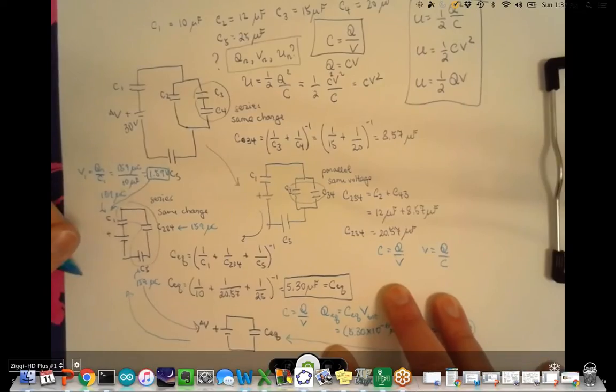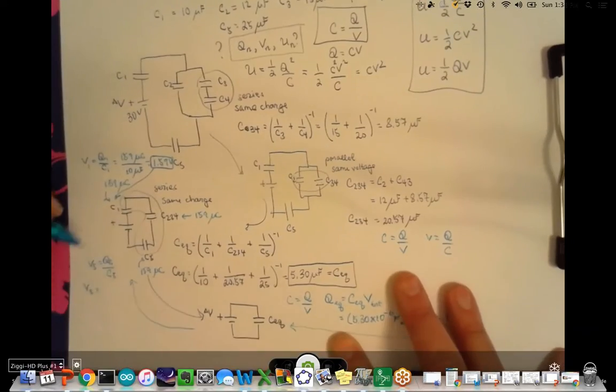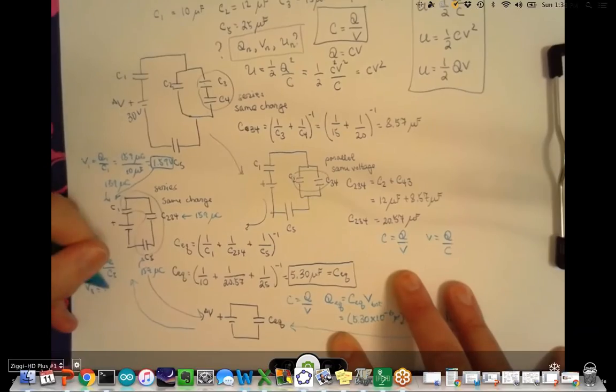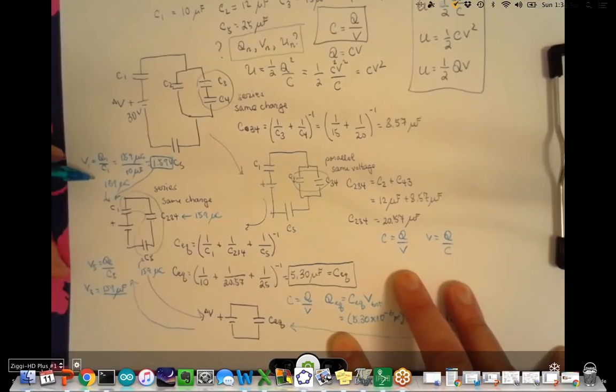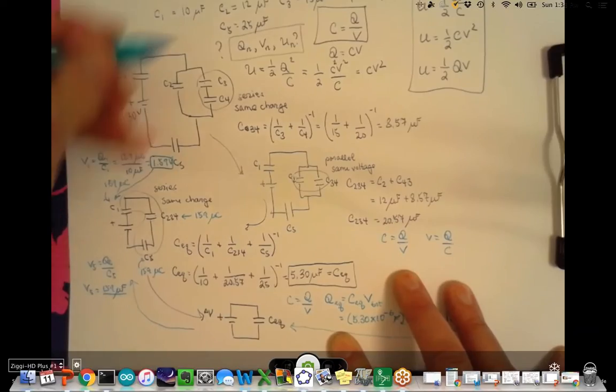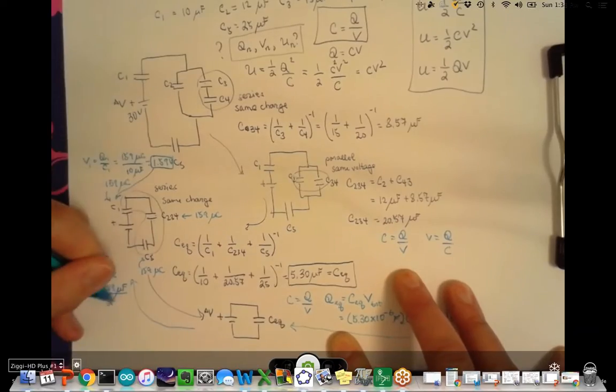V5 is going to be Q5 over C5, which is going to be 159 microcoulombs divided by C5, which was 25 microfarads. Oh, sorry, microcoulombs.